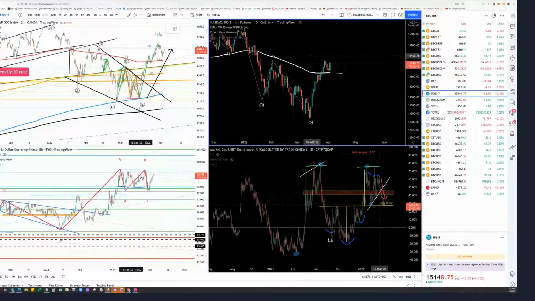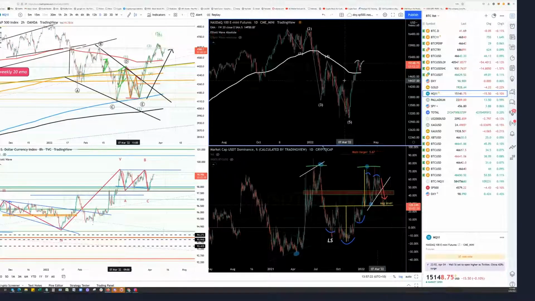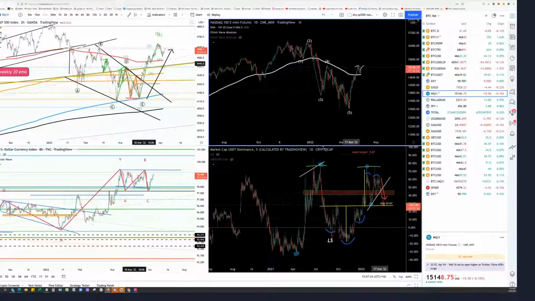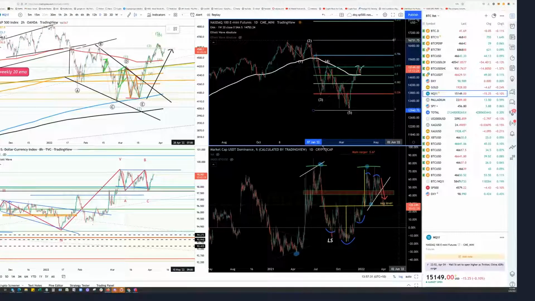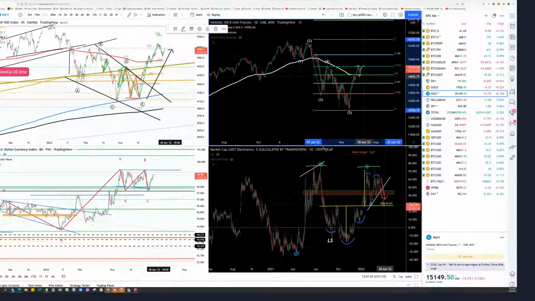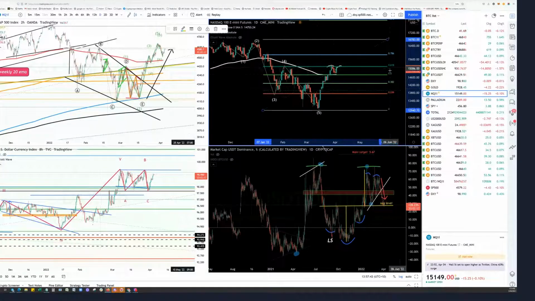So we don't want to see a micro double top here. As you can see with this moving average, and if I was to apply the Fibonacci, this level from the Nasdaq perspective is acting as a resistance on the 0.618 and finding support not only with this moving average that has historical support levels, but also the 0.5 Fibonacci.